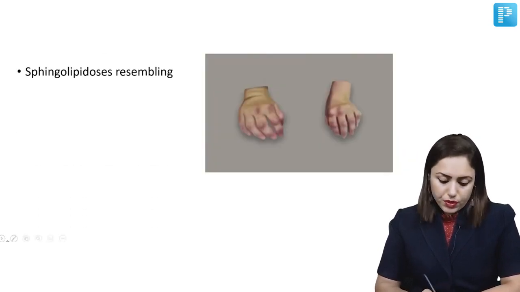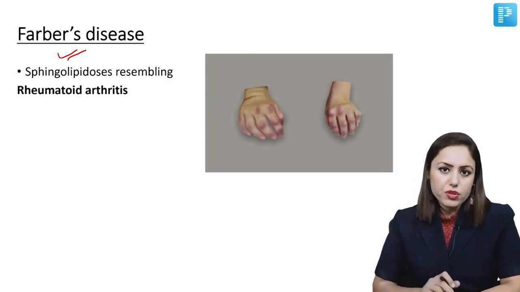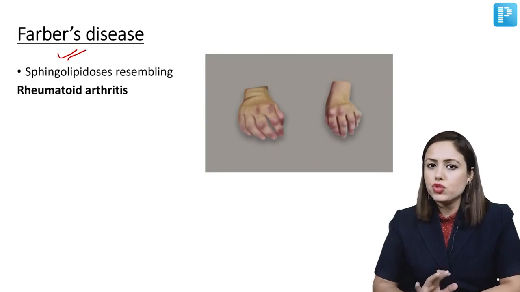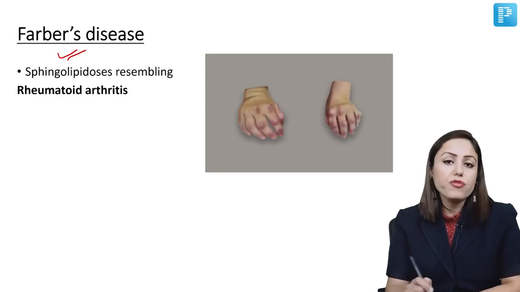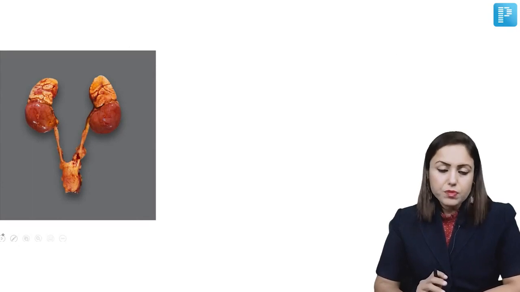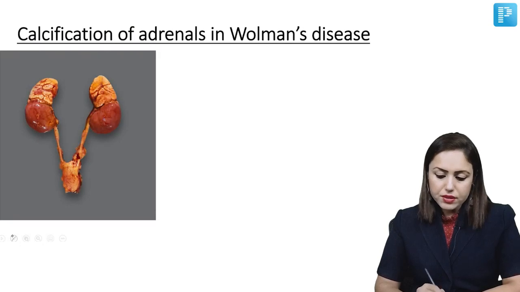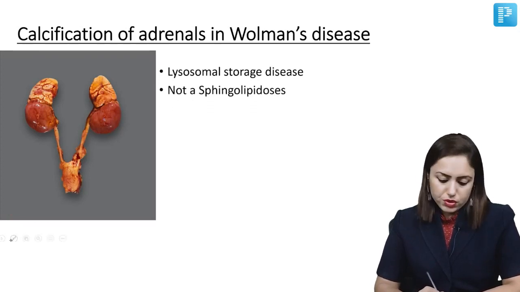Then sphingolipidosis resembling rheumatoid arthritis is Farber's disease. It is not Fabry, it is Farber's disease, right? Patient has joint deformities, arthritis kind of picture, similarly like rheumatoid arthritis, and this is Farber's disease, okay? Then you can see this picture of adrenals where there is calcification of adrenals, that is Wolman's disease, which is a lysosomal storage disease but not a sphingolipidosis.